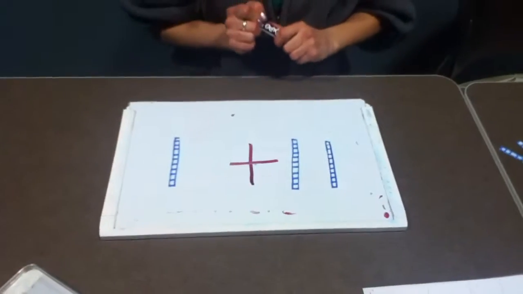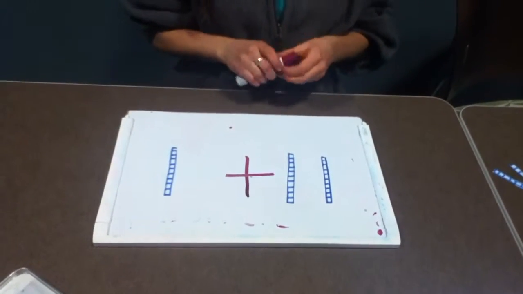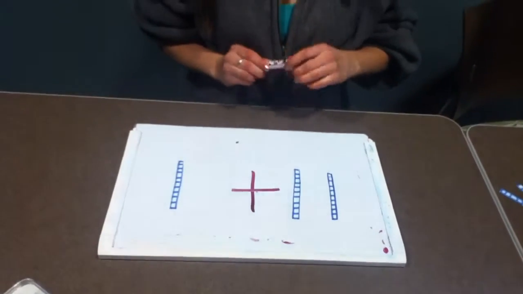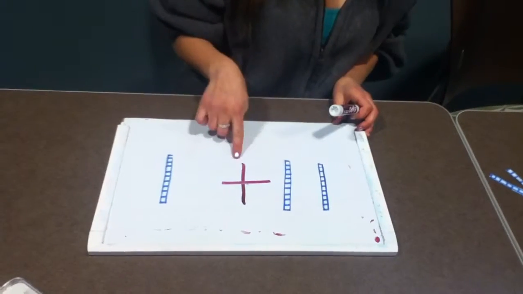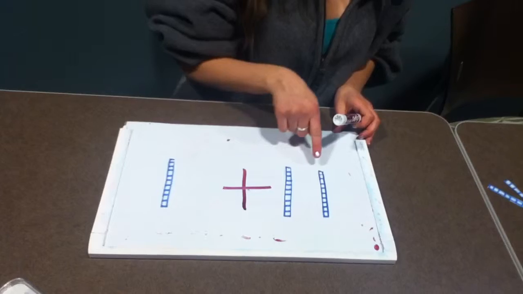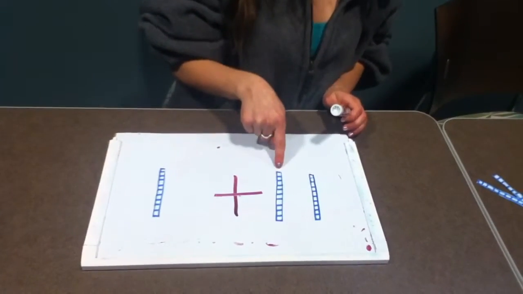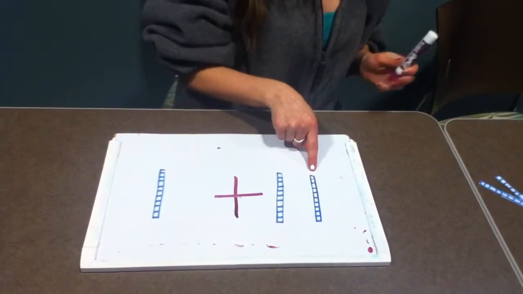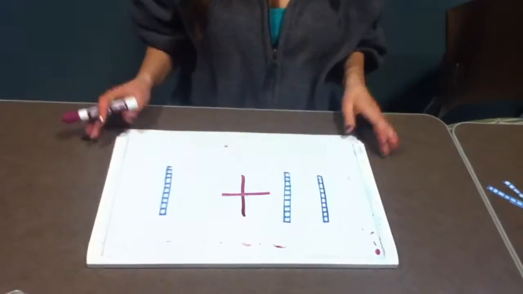We have 3 base 10s, so it equals 30 total animals on the farm. And we have to remember we're adding 10 plus 10 plus 10. So 10 plus 20, another 10 gives us 30. 10, 20, 30. We have 30 total animals on the farm.